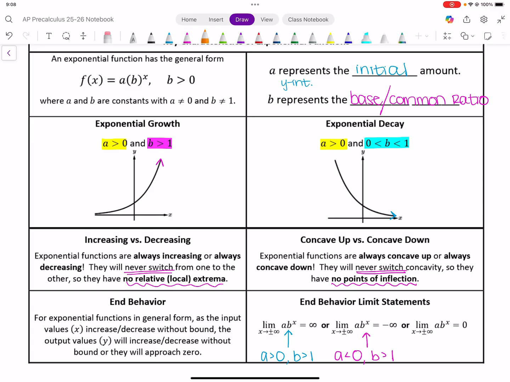And then it will equal 0 as we go to infinity if b is between 0 and 1. So as x approaches infinity, it does not matter if a is positive or negative. If b is between 0 and 1, it will always approach 0.